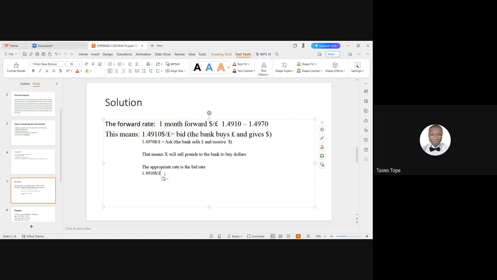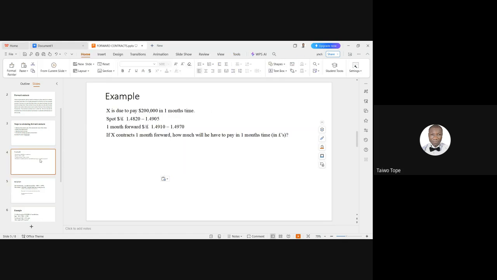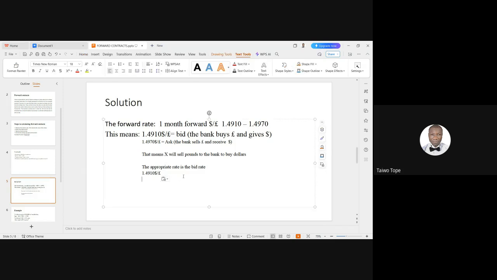So how do you now determine the amount X will pay in pounds? The calculation will be in this form: 200,000 divided by 1.4910.